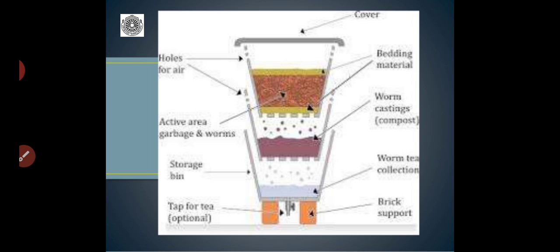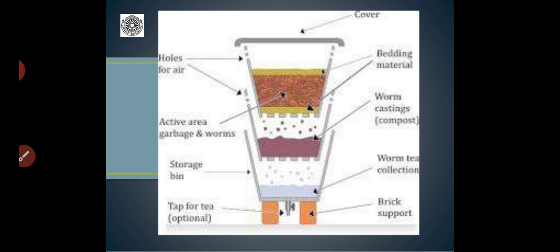Below which there is a bin called the storage bin, where, if water is put in a large quantity, that water will get collected in the bottommost bin. It will be tea colored, the color of tea, hence it is known as worm tea, and it is collected in this bottom container.